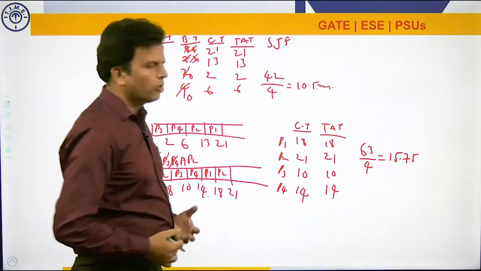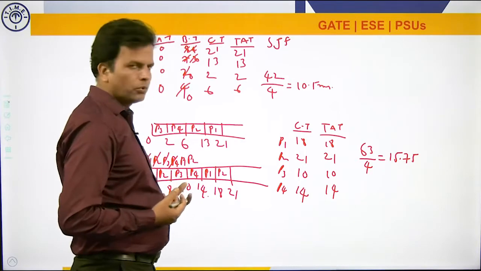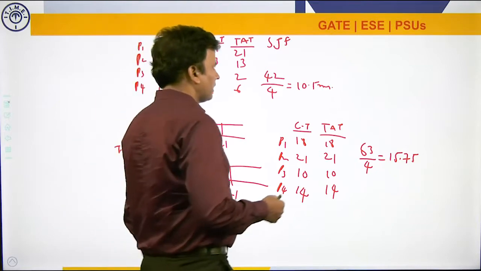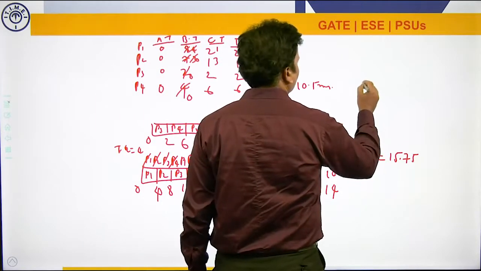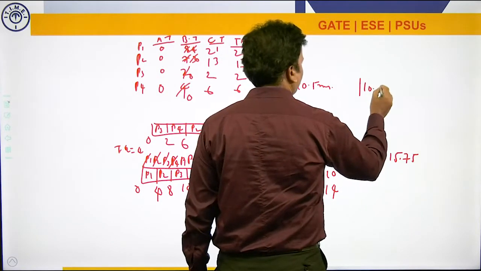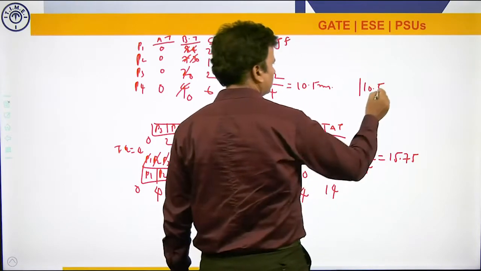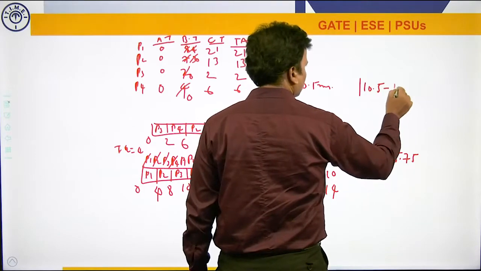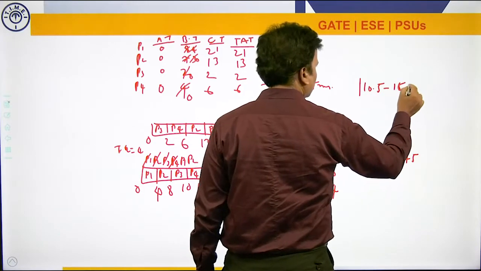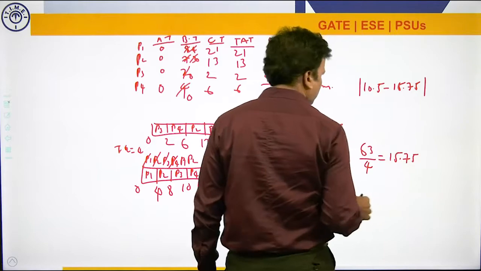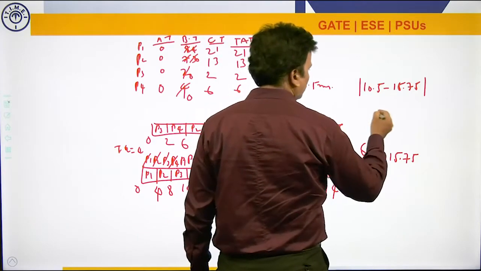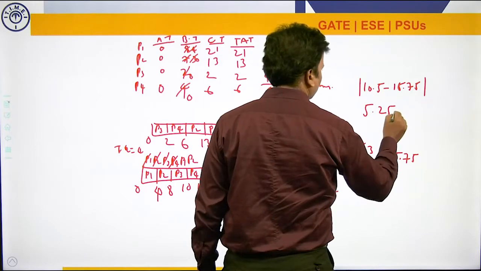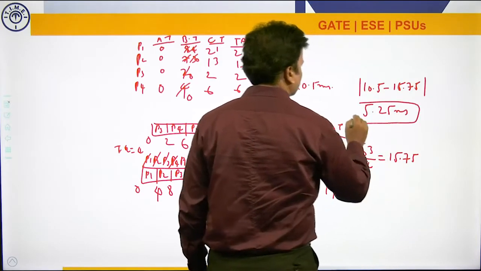But he said to calculate the absolute value of the turnaround time difference. So it will be 10.5 minus 15.75. Since he said absolute value, the absolute value will come to 5.25 milliseconds. So this is the answer for this.